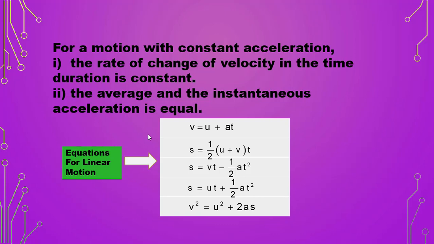As we have discussed before, we will use parameters of linear motion, that is the initial velocity u, the final velocity v, the linear acceleration a, the displacement of the object s, and the duration of motion t. So all these 5 equations can be used to solve any problem on linear motion with constant acceleration.